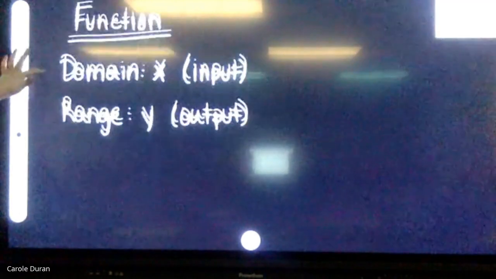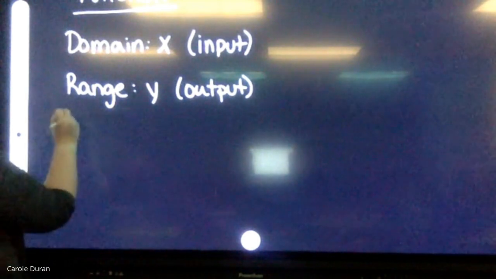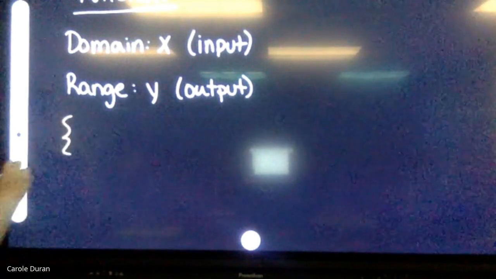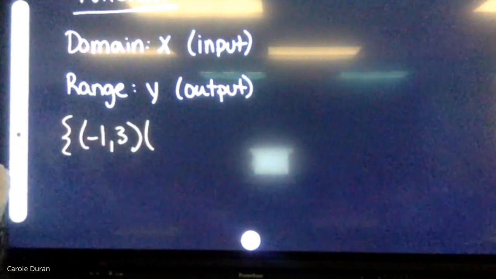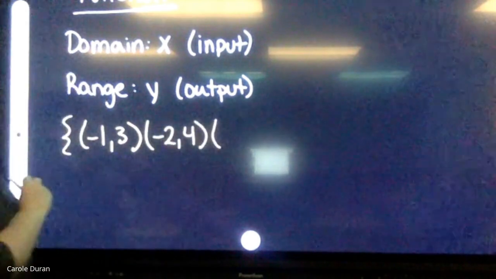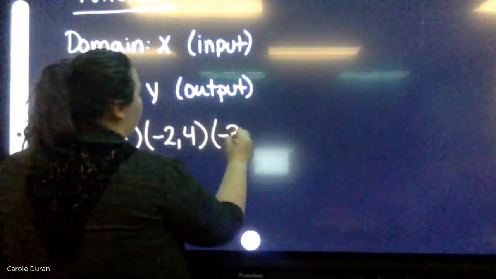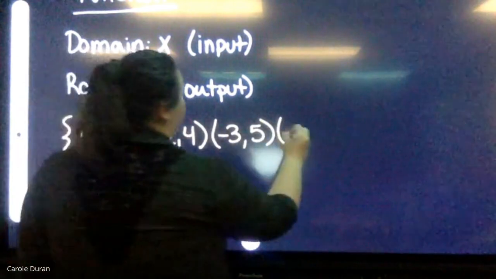We're going to start with a set of points because that's just a really easy way to start this. So we're going to start with the function that has the set of points -1, 3, -2, 4, -3, 5, and -4, 6.